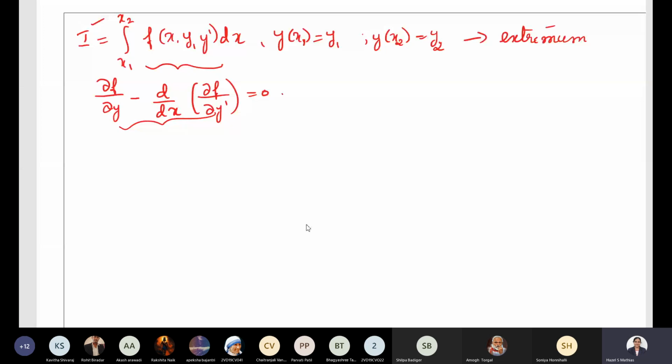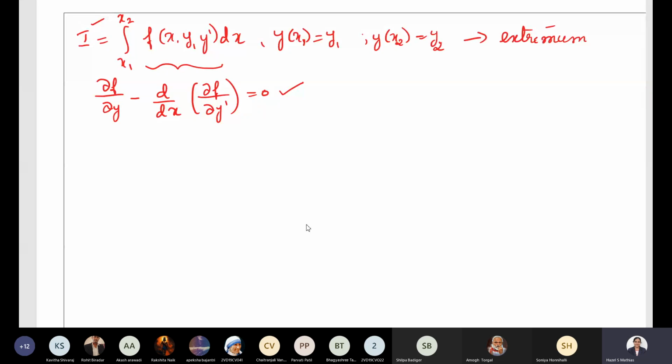This is the necessary condition for the functional to achieve extremum. So if someone asks you how to check whether the functional achieves an extremum, this is the must condition. You need to check this one. If this is satisfied, then you can say that the functional attains its extremum.